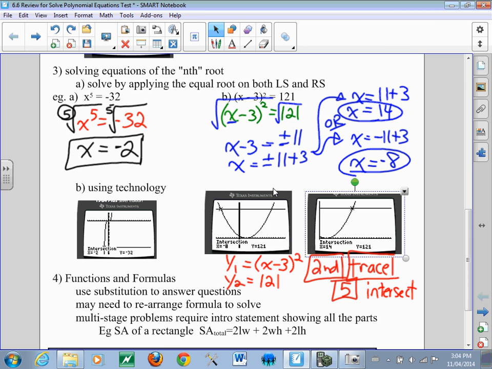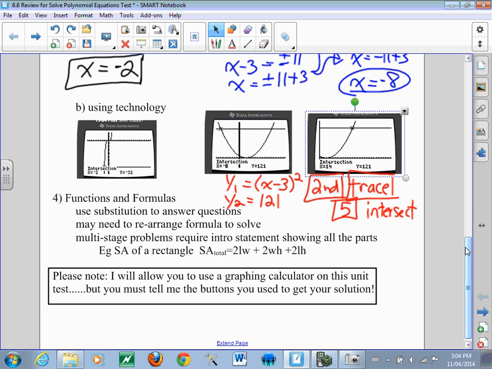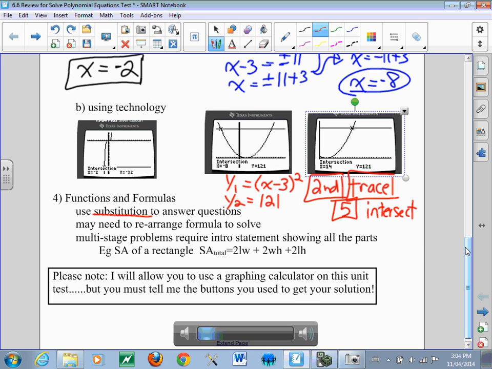Last thing we took a look at, ladies and gentlemen, was functions and formulas. Again, you can use substitution. If we've got an equation for the height of the rocket, and we want the height at 5 seconds, you sub in 5 for the variable. You may need to rearrange your formula to solve.